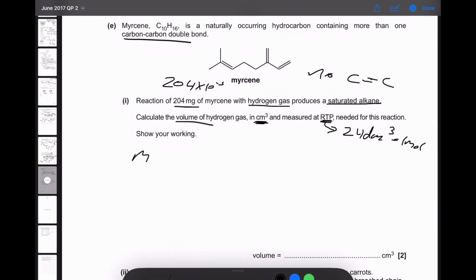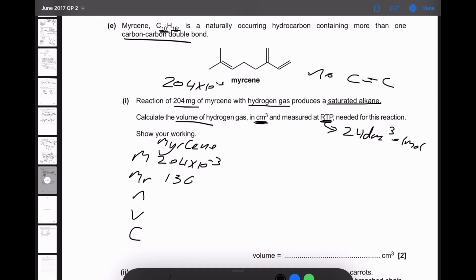So we're going to do our little grid, so M, MR, N, V, C. So we've got our myrcene here. Our mass of this is 204 times 10 to the minus 3. Our MR, well, 12 times 10 is 120, plus 16 is 136.